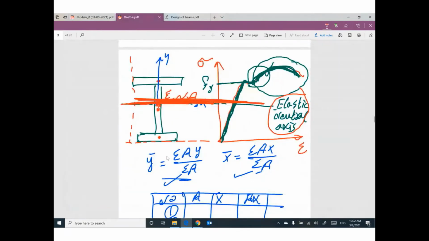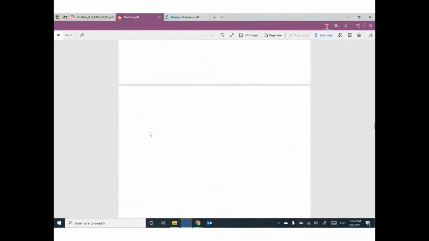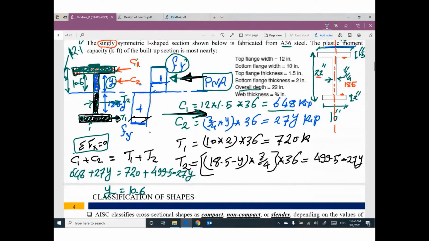If you would like to get M plastic, go ahead and take moment around the plastic neutral axis. Sit down here and take moment. What do I mean?